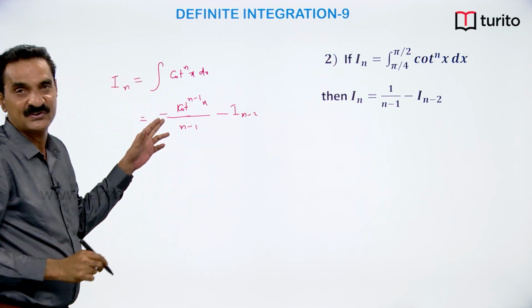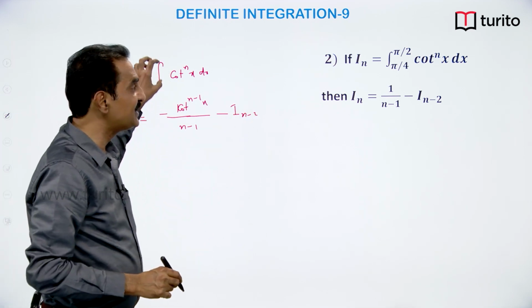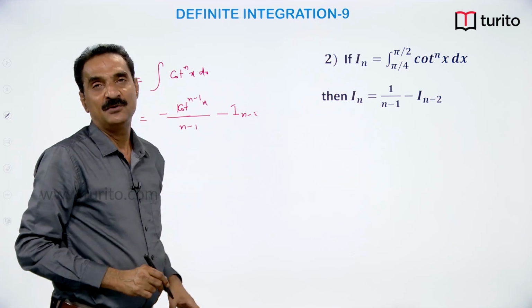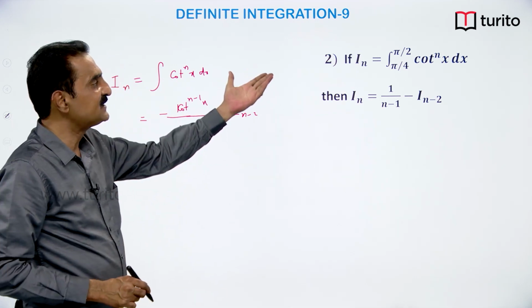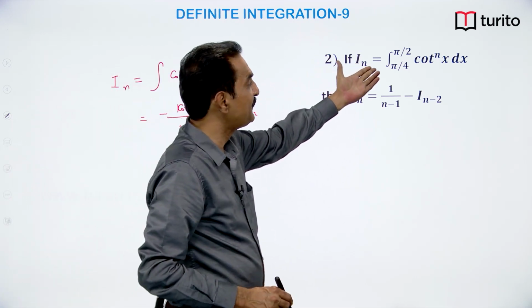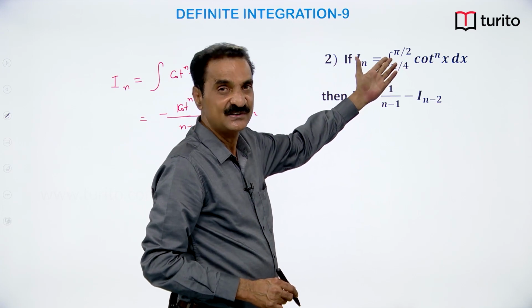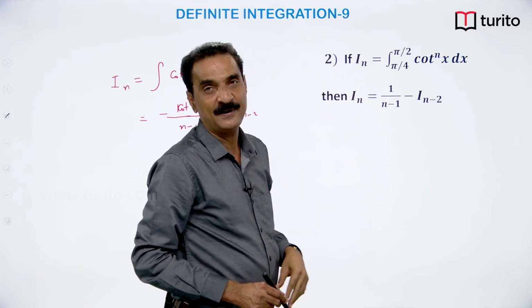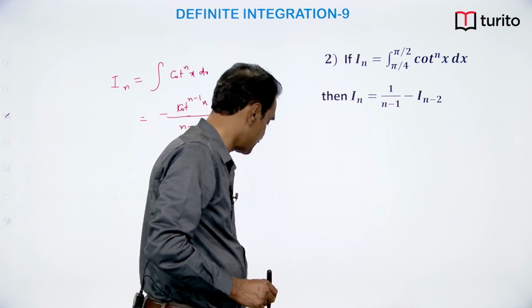We have proved this result. Now substituting the limits pi by 4 and pi by 2, you will get this result. This is the same as the integral 0 to pi by 4 of tan power n x dx is equal to the integral pi by 4 to pi by 2 of cot power n x dx.